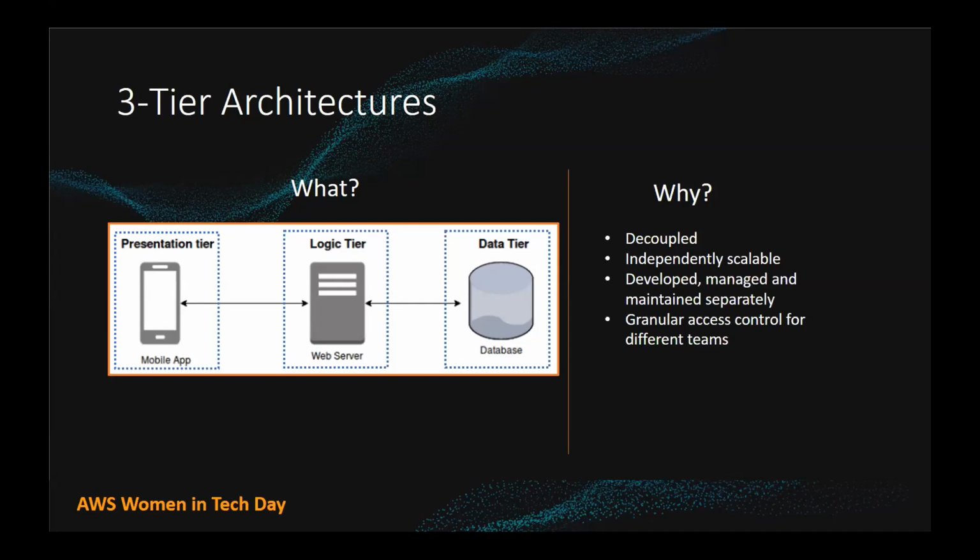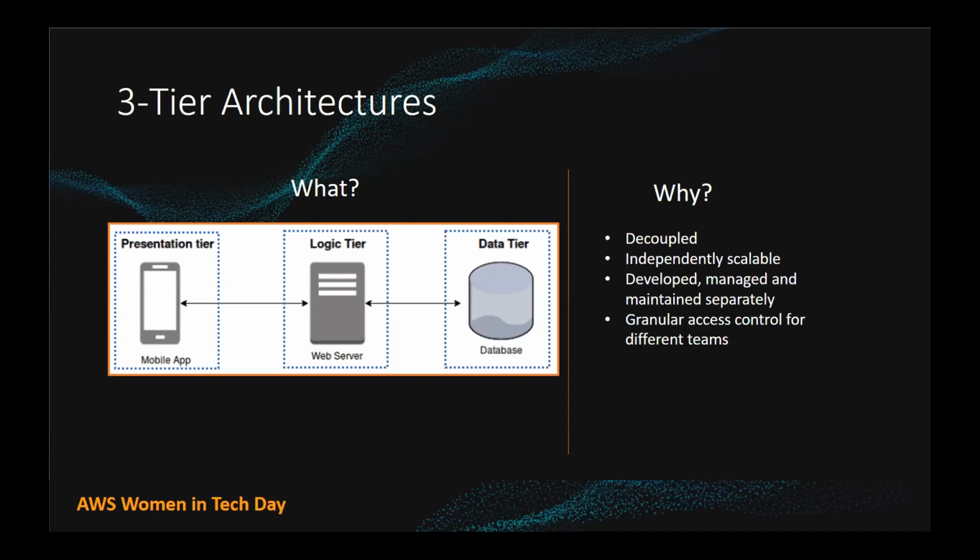In other words, the private subnet will not have access to the internet, whereas public subnets will have access to the internet. These are the components which will help you design three-tier architectures in AWS.